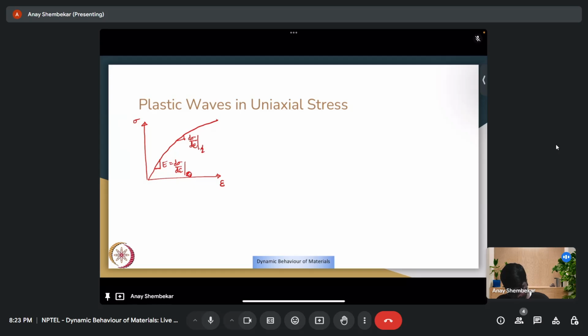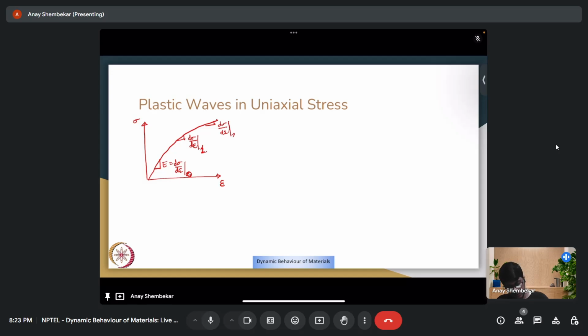Label this as 0, label this as 1, and this as 2. This is a simple work hardening constitutive relation that I'm using.